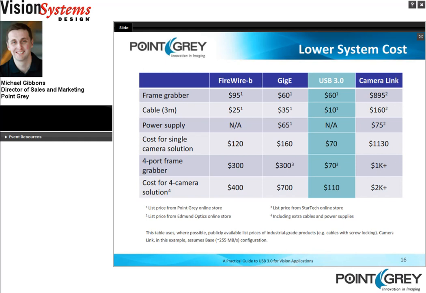The other thing I've tried to do in this table is use pricing for products that are industrial grade, so metal enclosures, screw locking connectors, all those kinds of things, as opposed to just pure consumer products. And Camera Link in this example assumes a base configuration. So as you can see here, excluding the camera, you can develop a 4-camera solution for well less than a couple hundred dollars.